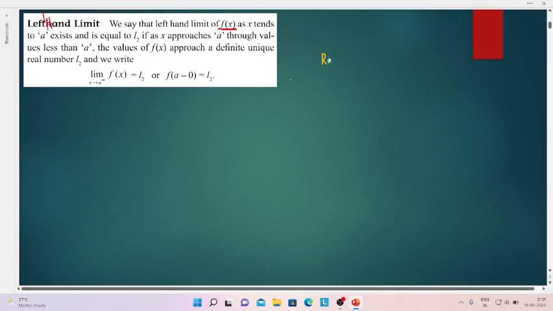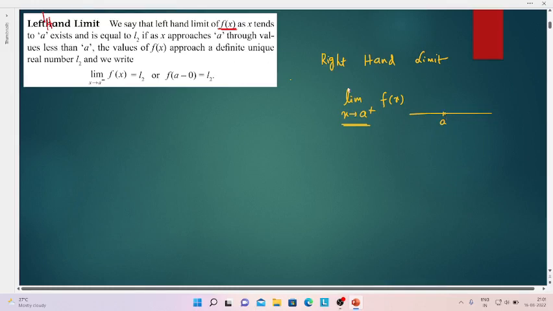Right hand limit looks like limit x tends to a plus f(x). Suppose a function f(x) is given to you and the limiting approachable value is a plus. So we have to take the values on the right side of a, which is the nearest value of a.